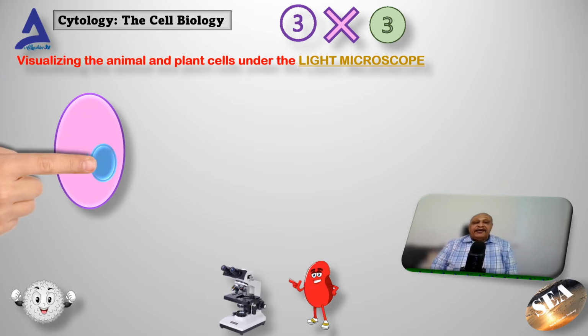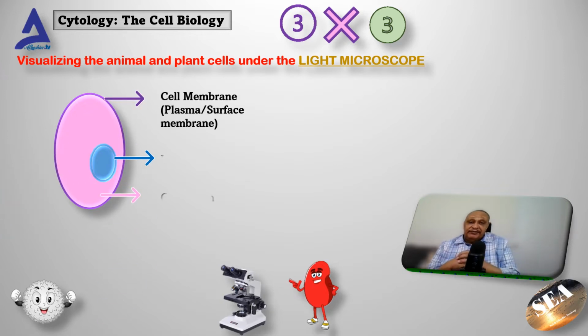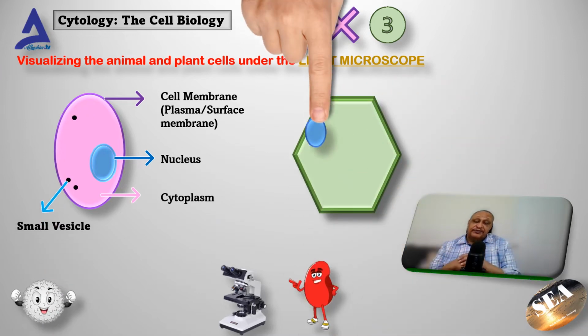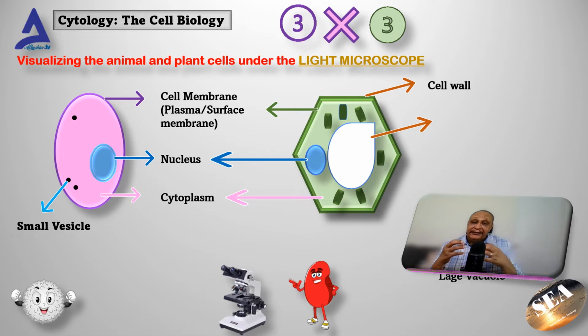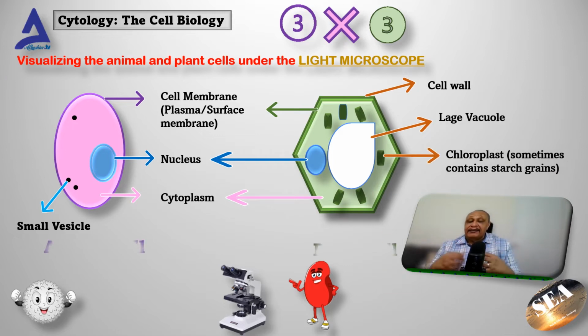Another classification is very important because it is the main classification of your textbook or your course book: the classification based on the origin. From where did this cell come from?